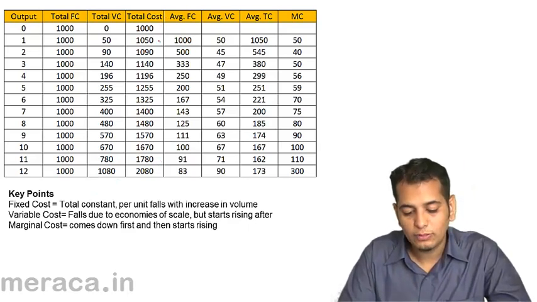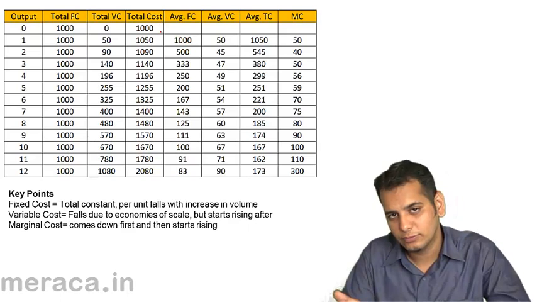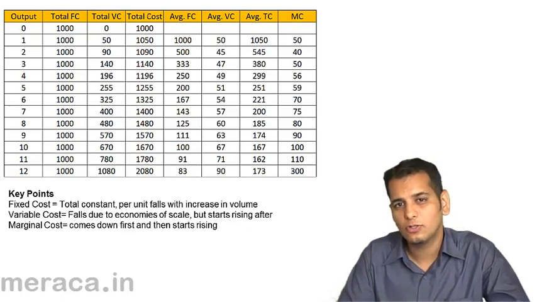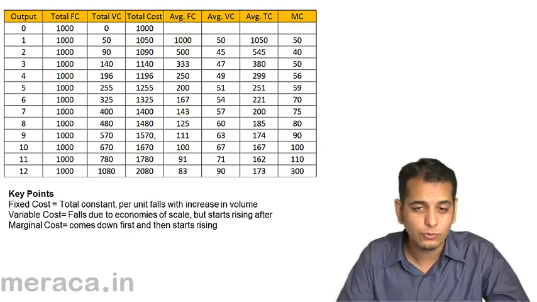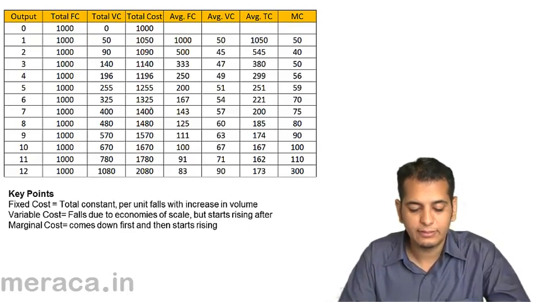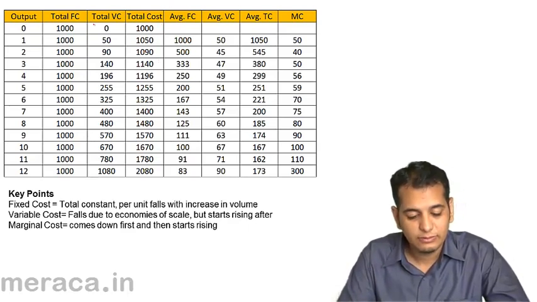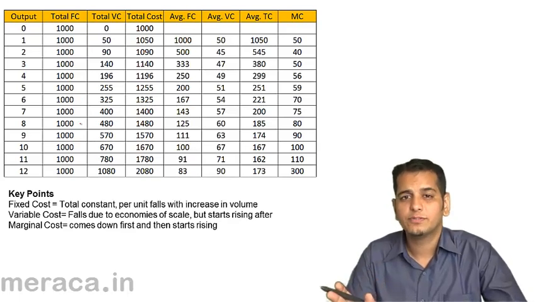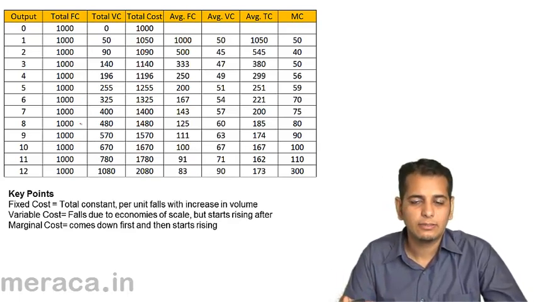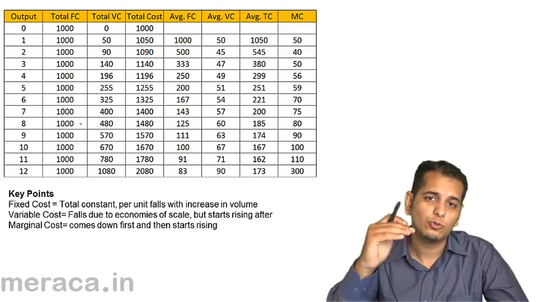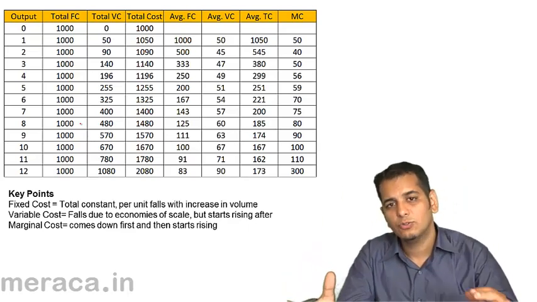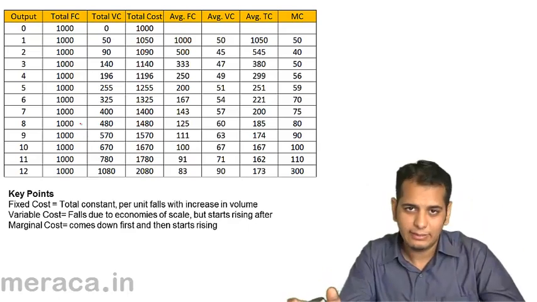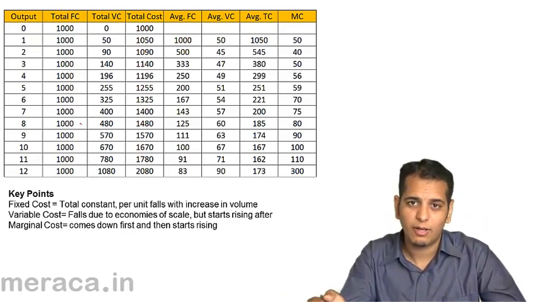Likewise, the total cost is a sum of both the fixed cost and the variable cost, and thus the total cost also goes on increasing. Since the fixed cost is constant, but the variable cost goes on increasing and total cost is a sum of both, it goes on increasing with the increasing production.